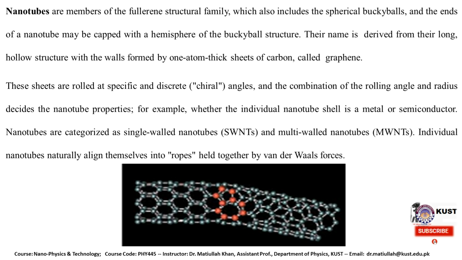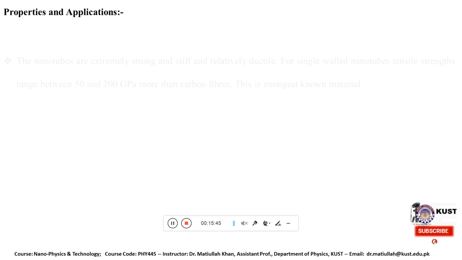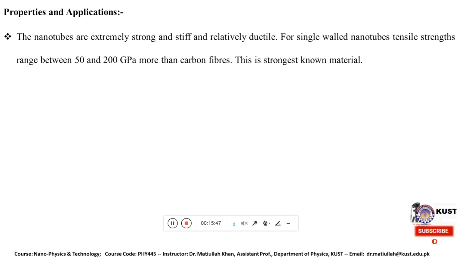Nanotubes are categorized as single-wall or multi-wall nanotubes. Individual nanotubes naturally align themselves into groups held together by van der Waals forces. So now, the properties and applications of nanotubes.